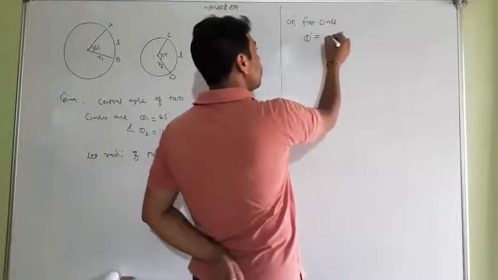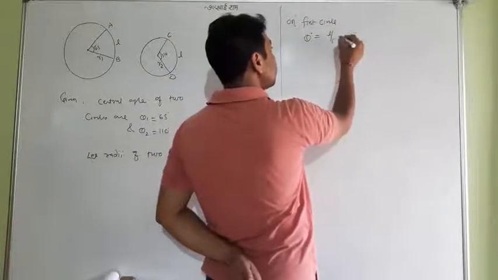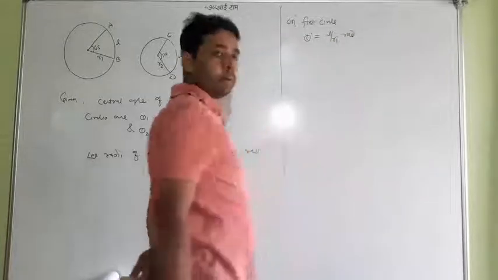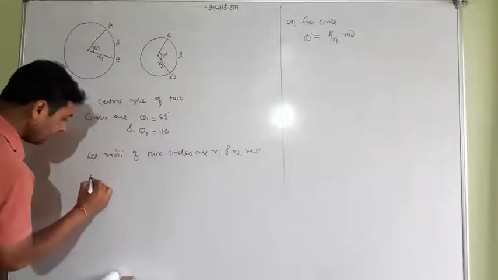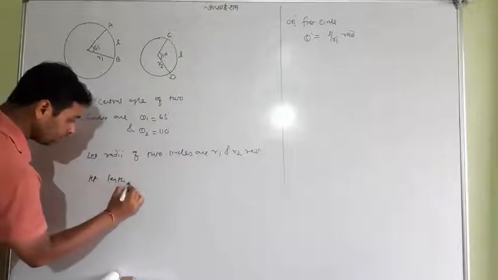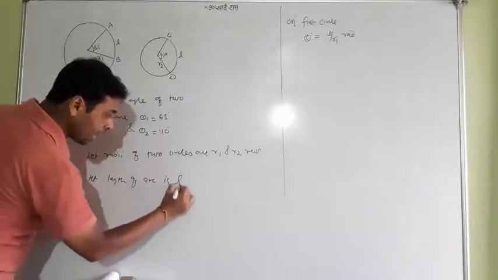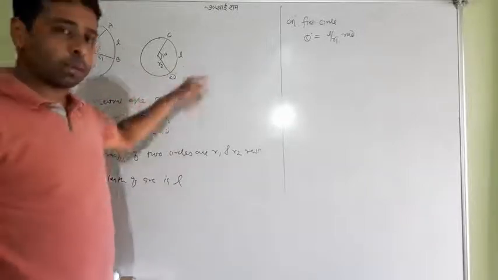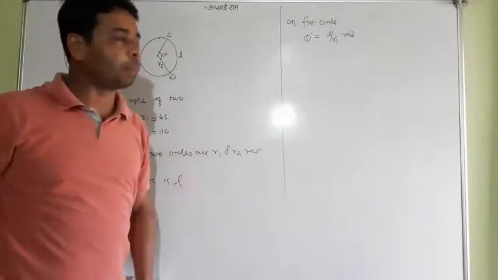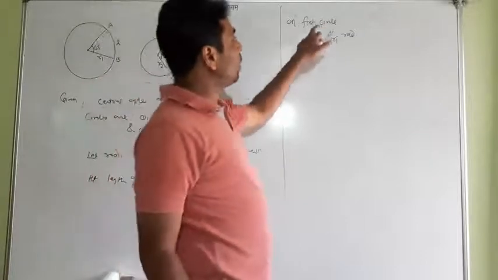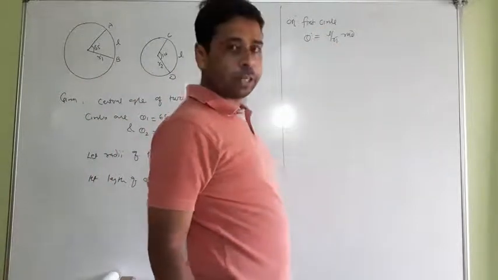Theta degree equals L upon R radian. This time I'll take R1. Let the length of arc in both circles be L. This is L, this is L, because the question says the length of arc is the same. So on the first circle, theta degree equals L upon R1 radian.